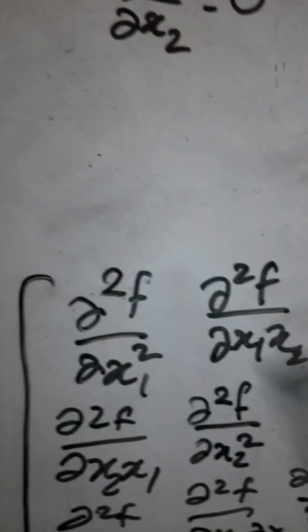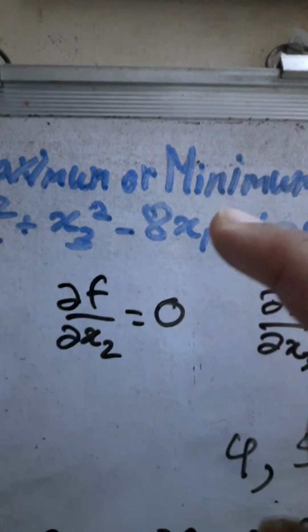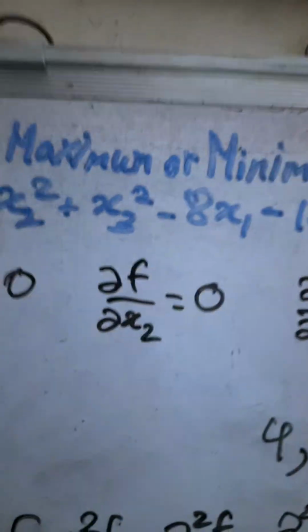So let's do this one. What was the del f by del x1? It was 2x1 minus 8, because x1 reduced its power to 0 and 8 only remained, and x1 became 1. So you get it, right? So minus 8.